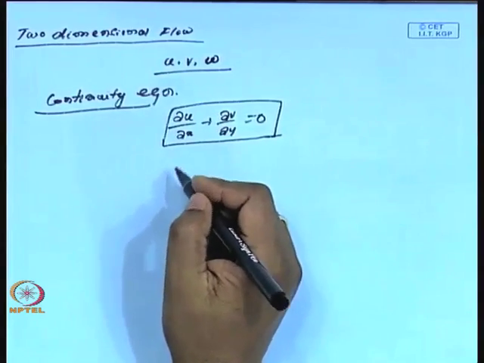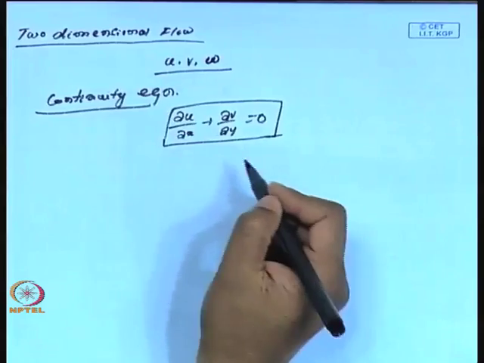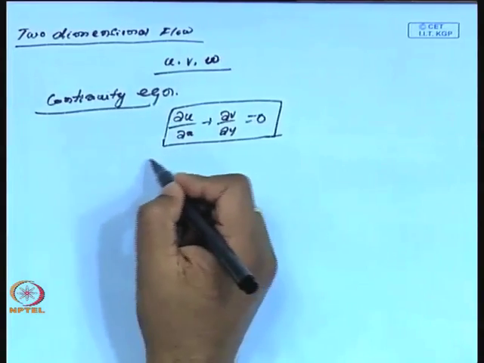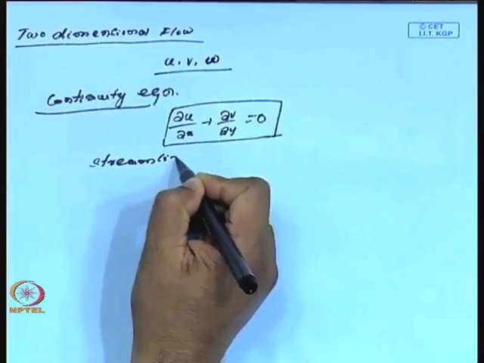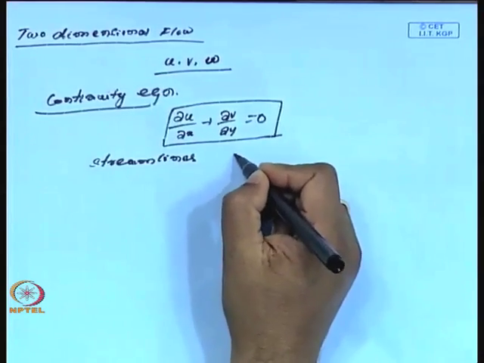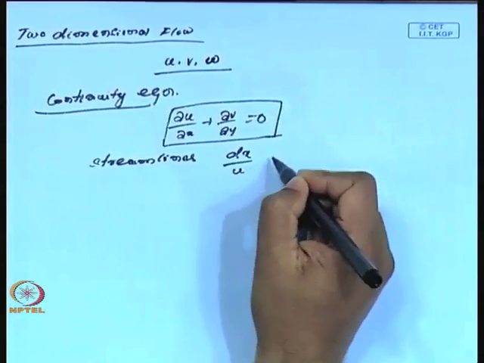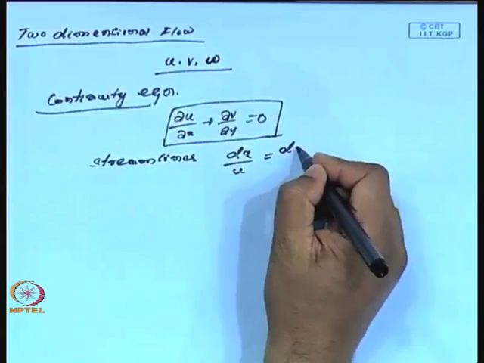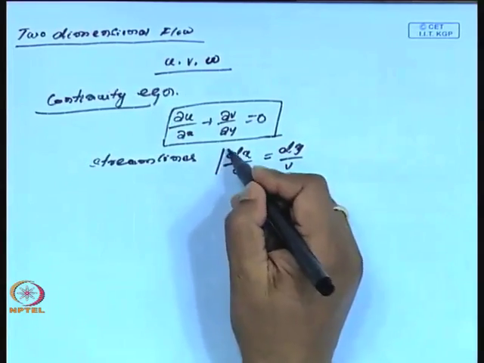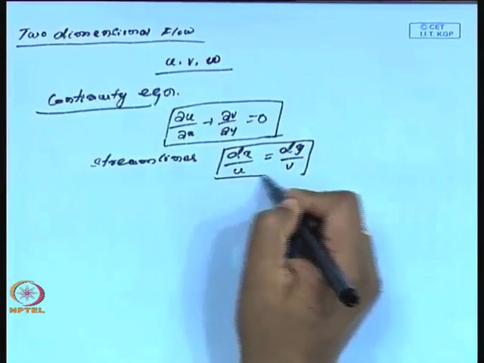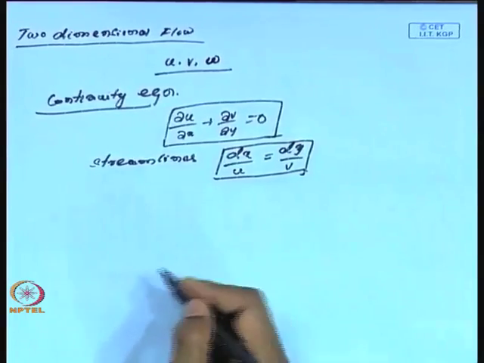Now let us consider the differential, because we have come across the streamlines. The equation of the streamlines is dx by u equals dy by v. This will give us the streamlines for a two dimensional flow. If that is the case, then what will happen?